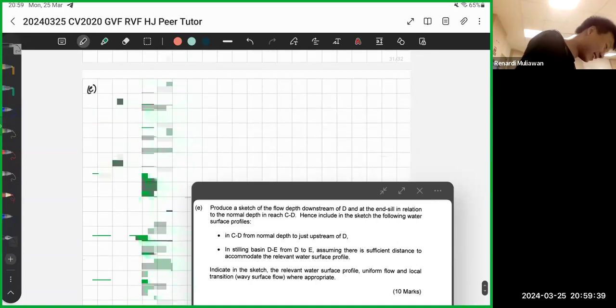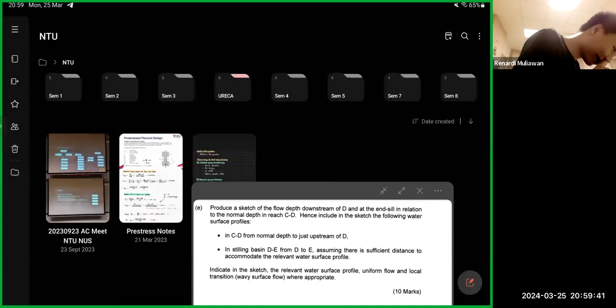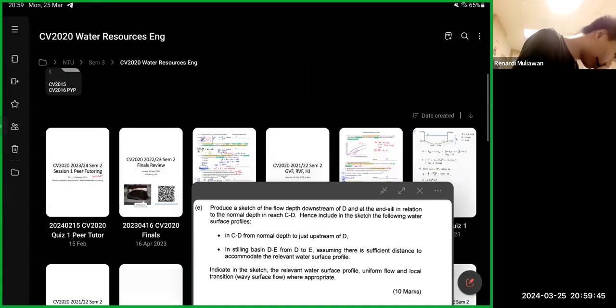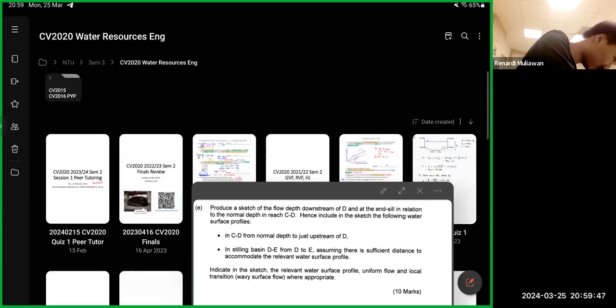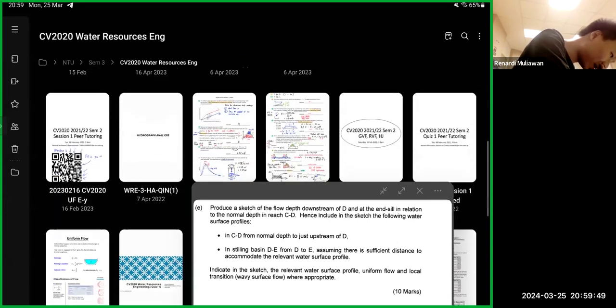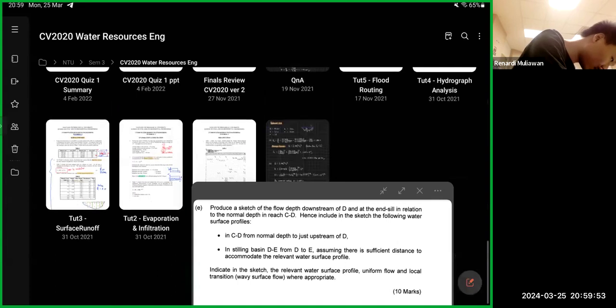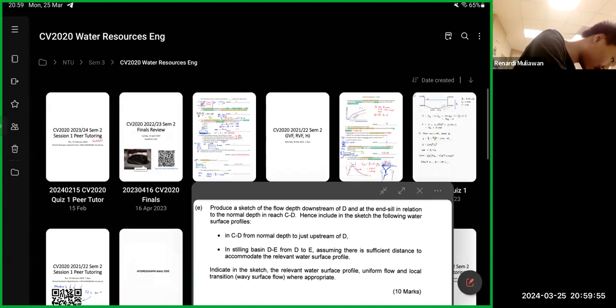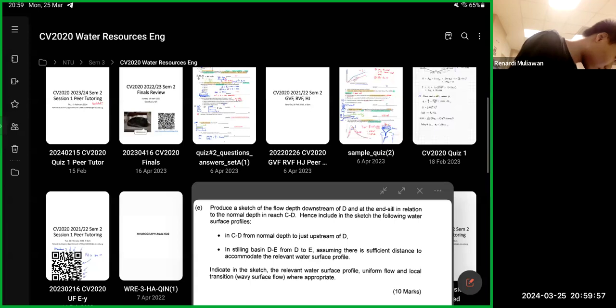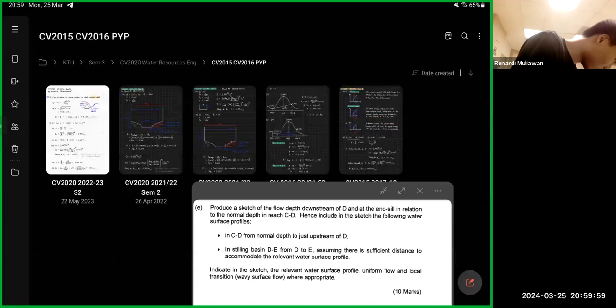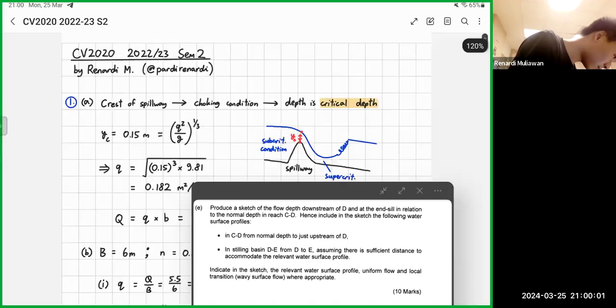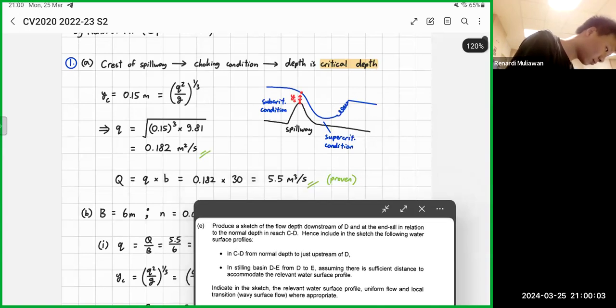I'll just show you the solution because it's a bit long to draw. Give me a second. This is what I explained just now.